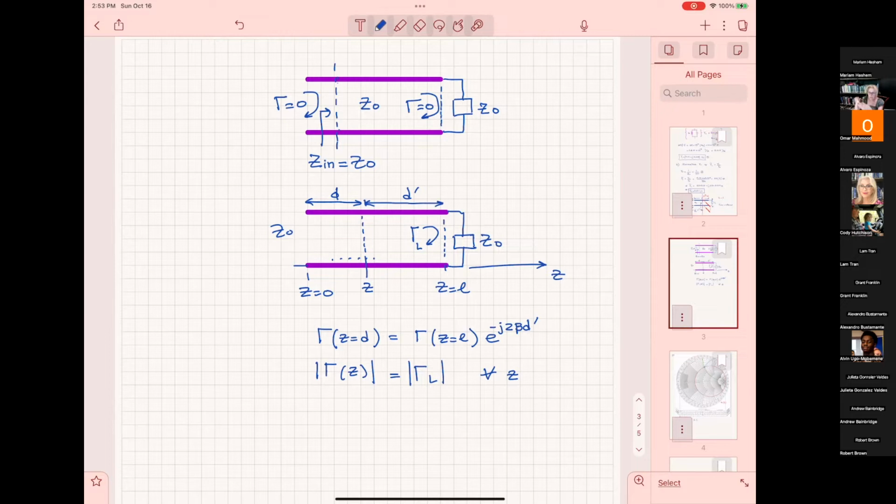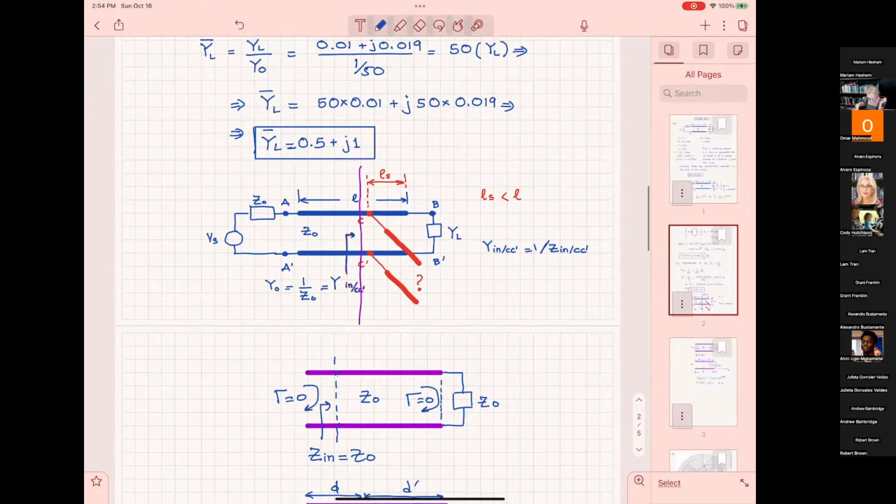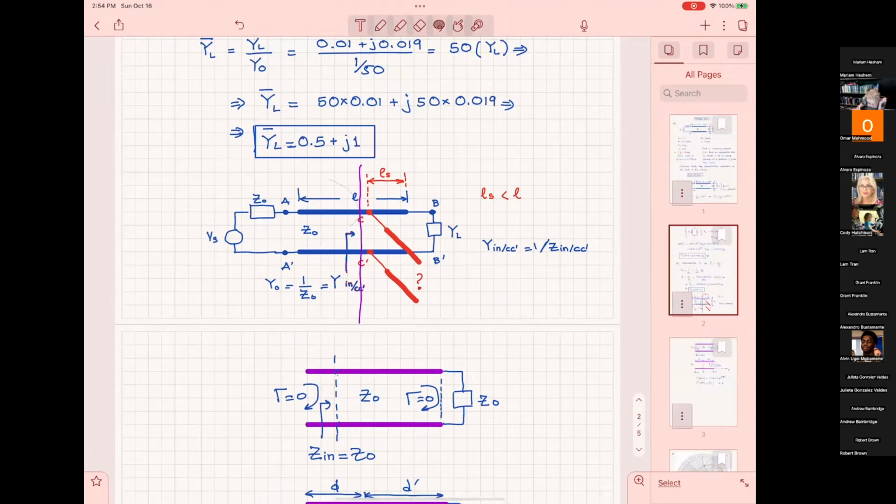The magnitude of the reflection coefficient remains constant everywhere on a transmission line, unless there is a stub or another load added that changes it. But if the line does not have any loads or stubs, the magnitude of the reflection coefficient is the same. So talking now about this section of the line between the stub and the source, it does not have anything: no loads, no other stubs, nothing.